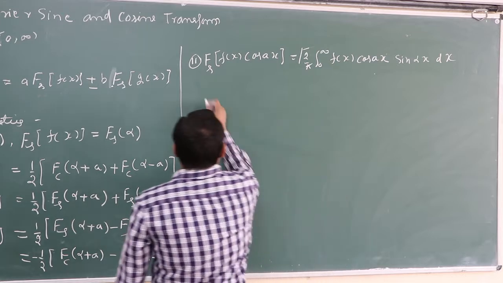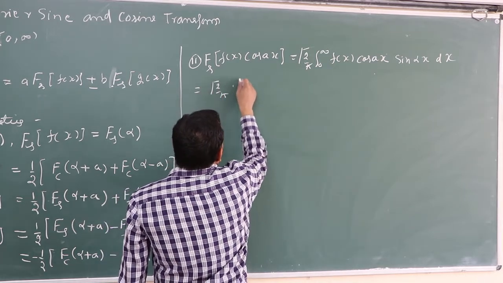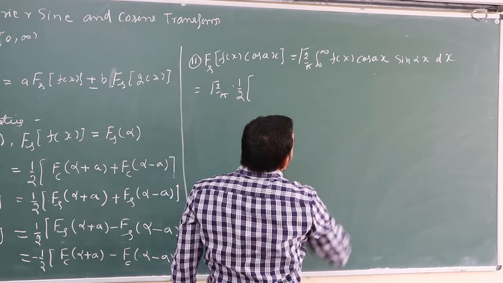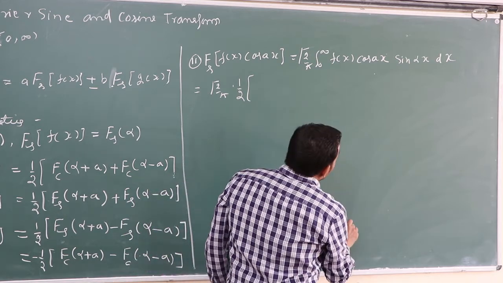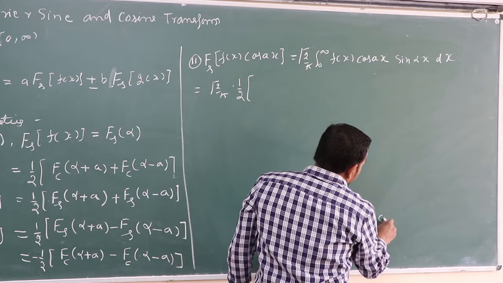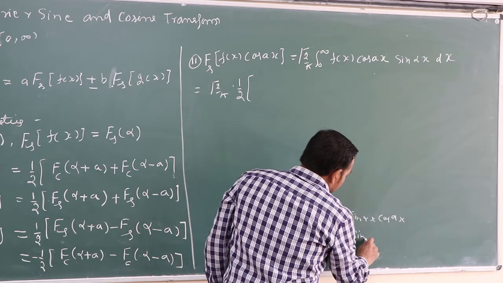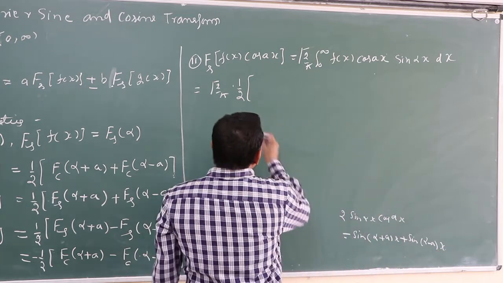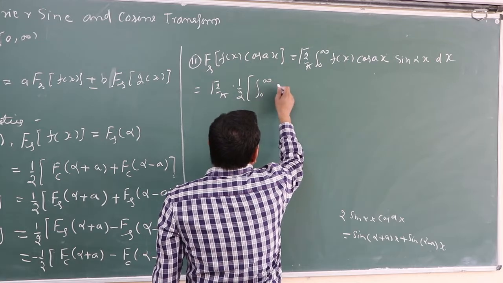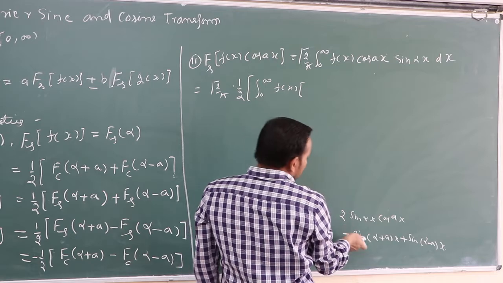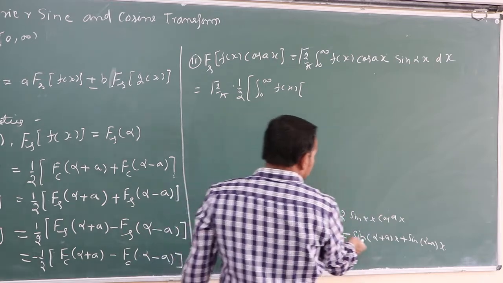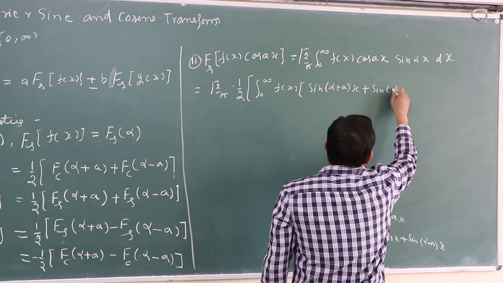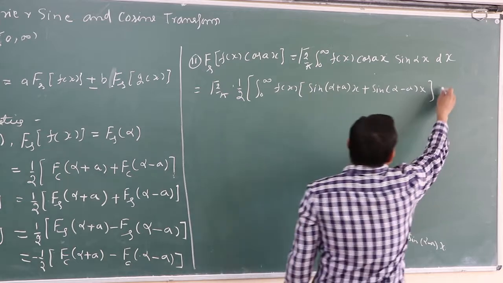Multiplying and dividing by 2, we get a half, and 2 sin alpha x cos ax can be written as sin alpha plus a x plus sin alpha minus a x.